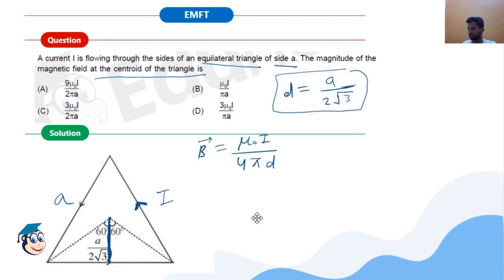Okay, so this is the magnetic field due to a finite wire with a factor of sine theta 2 minus sine theta 1. In this case, you can see that theta 2 is 60 degrees, but theta 1 is minus 60 degrees, because you are traveling in the opposite sense.